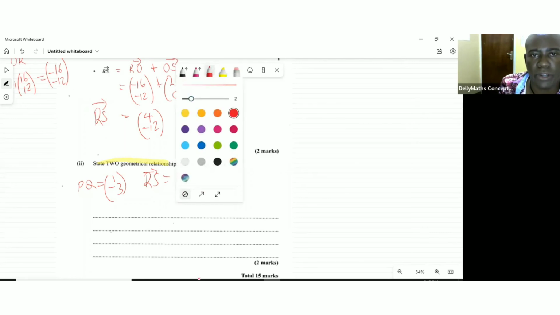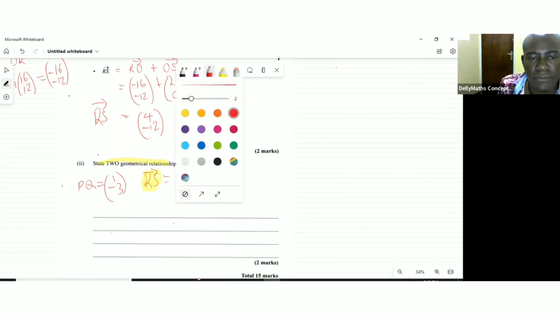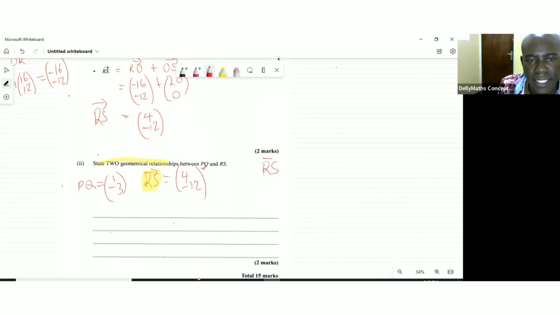If I look at RS and factorize out 4, RS can be written as 4 times (1, -3). That vector on the inside is the representation of the PQ vector.